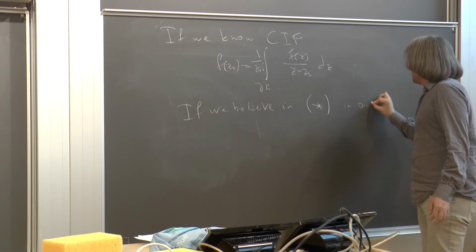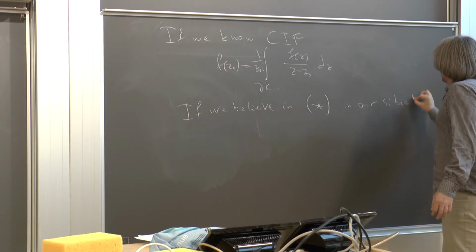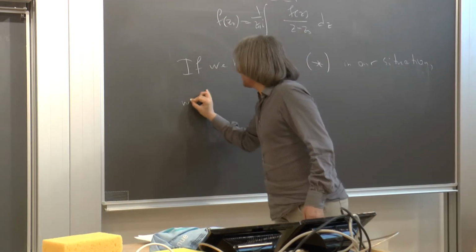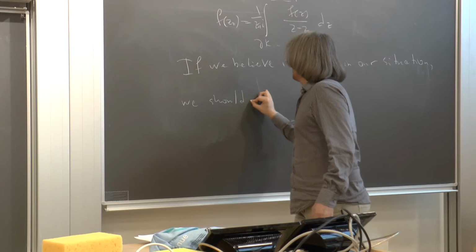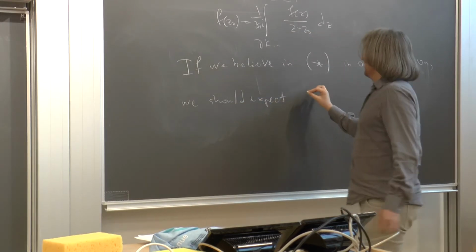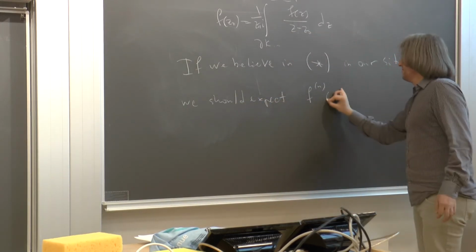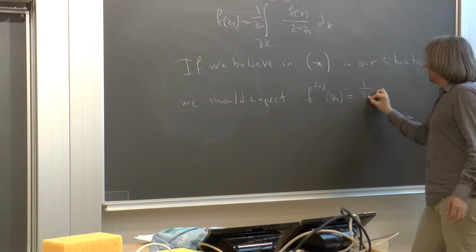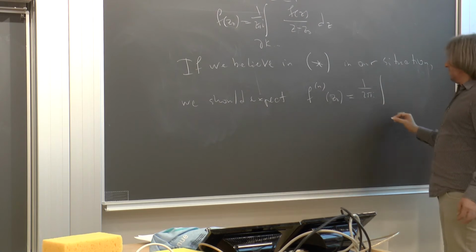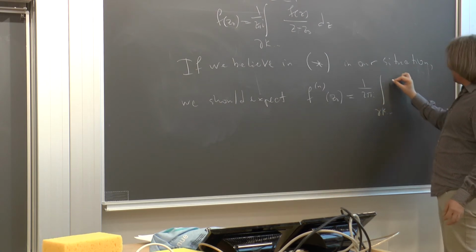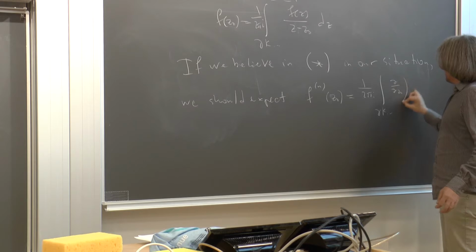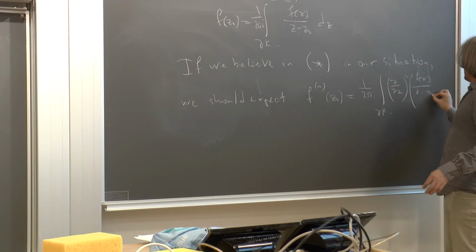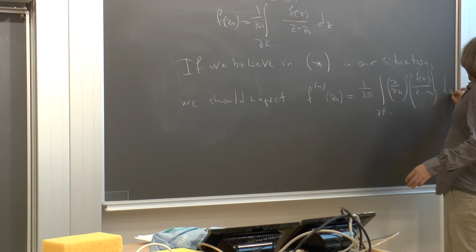In our situation, then we should expect the nth derivative of f at z naught to be equal to 1 over 2 pi i integral over the same thing of d over dz naught applied n times to f of z over z minus z naught dz.